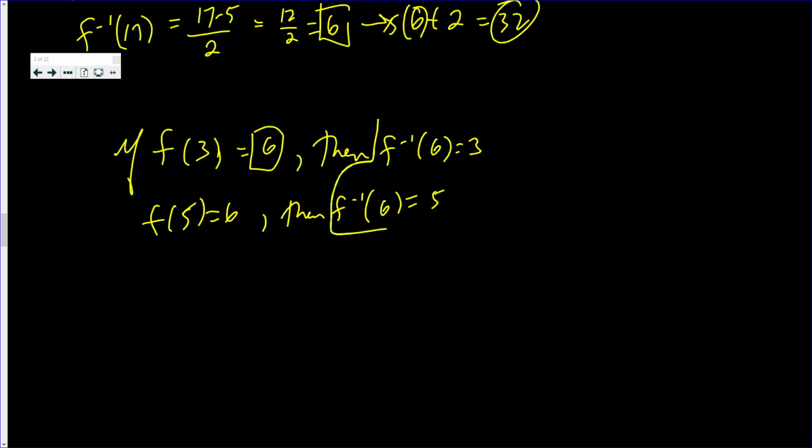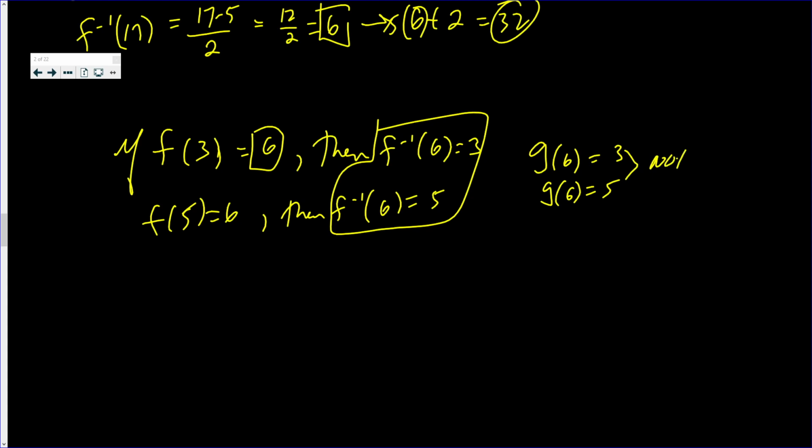Well, now remember, f inverse is just another name for a function. Let's call it g instead. We can't have g of 6 being 3 and g of 6 being 5. This is not a function. Okay, g or f inverse, well, f of x must be 1 to 1.